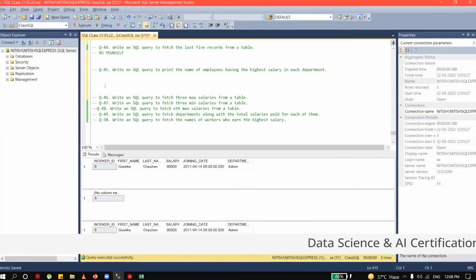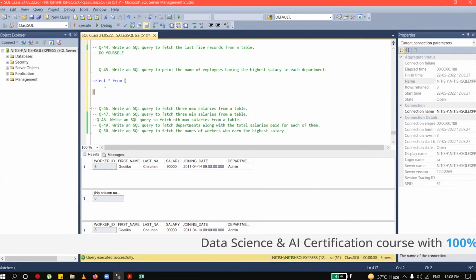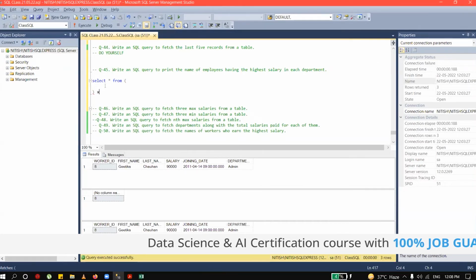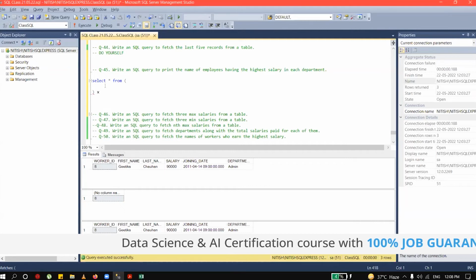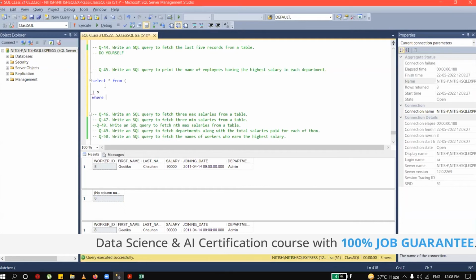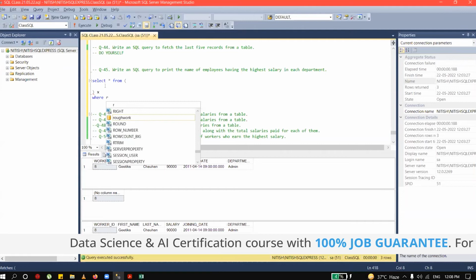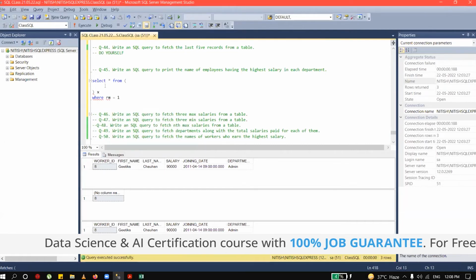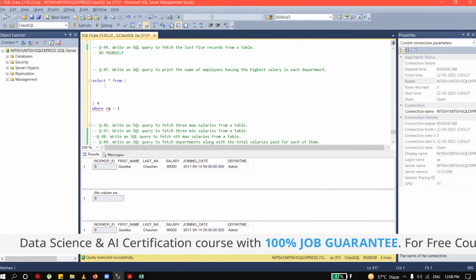If I am looking for the highest salary, so select star from a reference table. This is a reference table over here, and I will call it, let's say, X. This is a new table for me where row number is equal to 1. So what is row number? I'm now putting a query here.